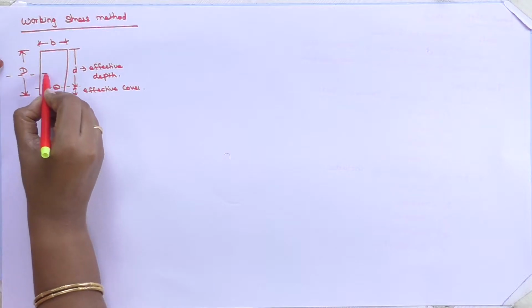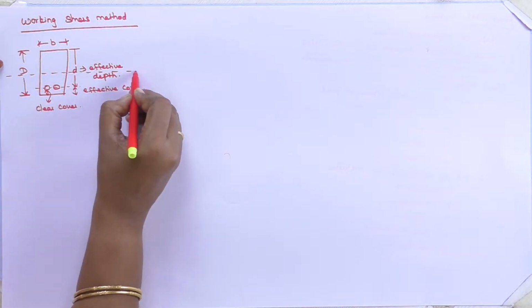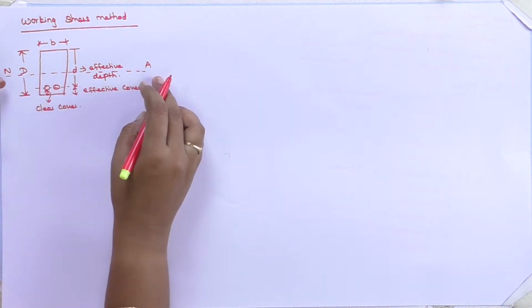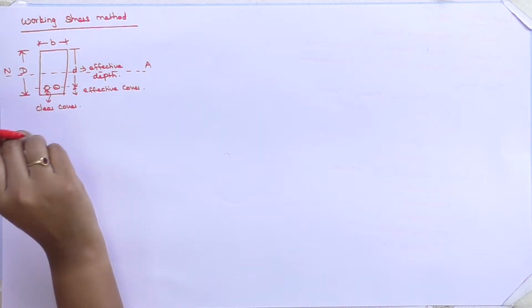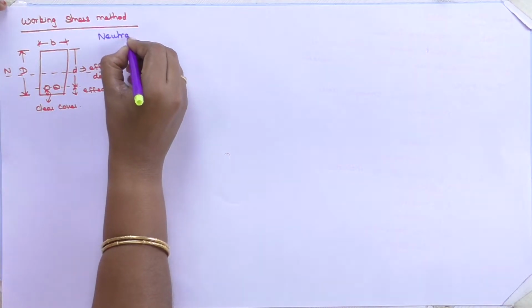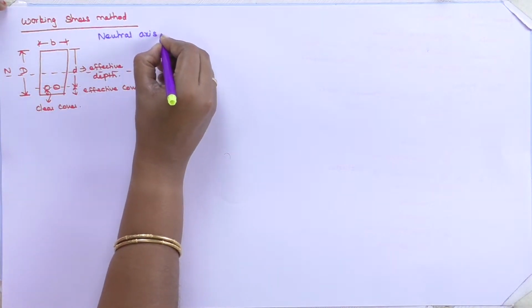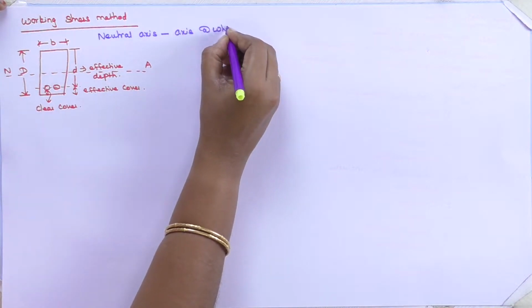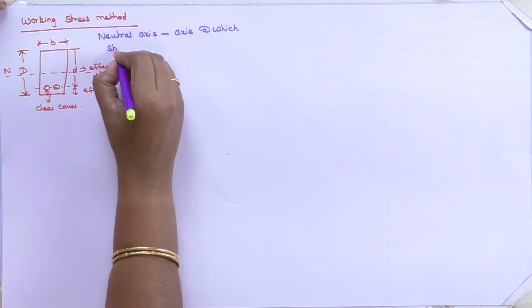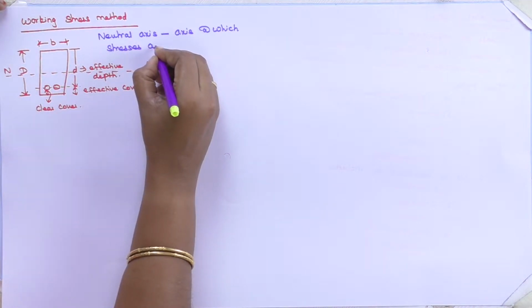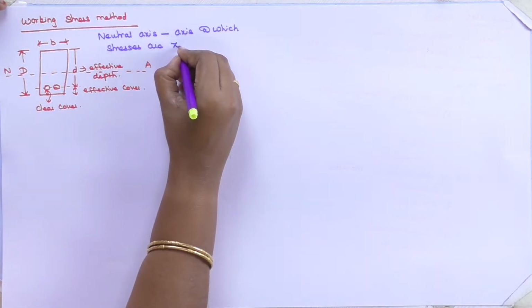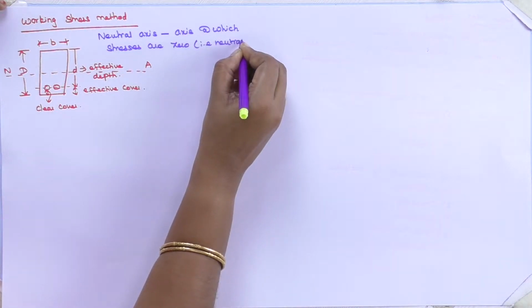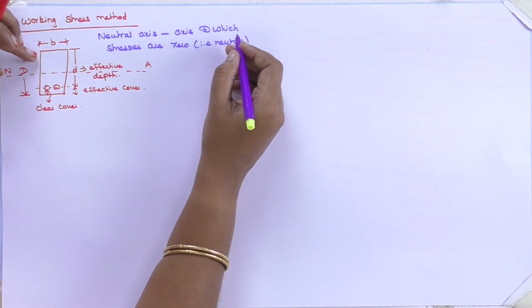The line in between your sections is nothing but neutral axis, NA. What is meant by neutral axis? Axis at which stresses are 0, that is neutral.